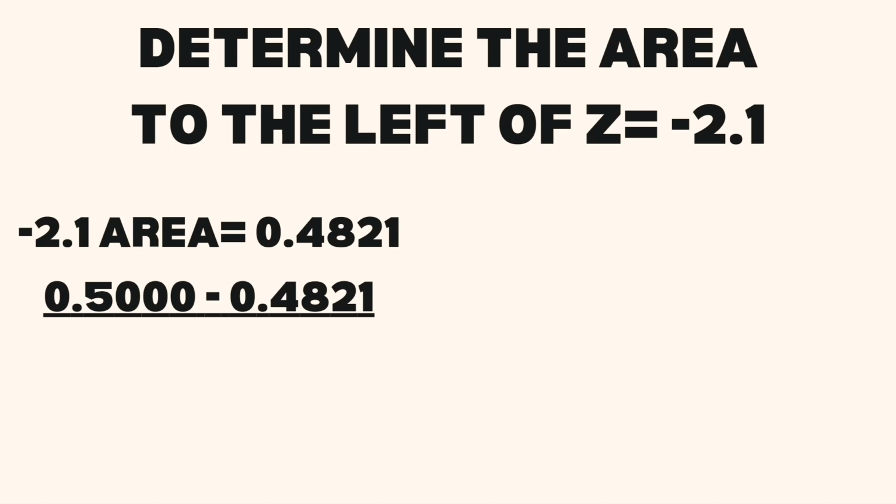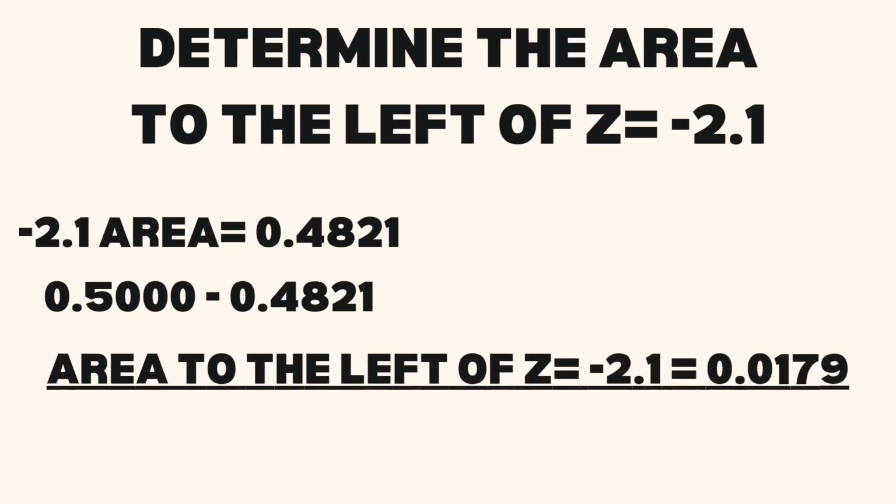So, in order to find that, we need to subtract the area, which is 0.4821, from 0.5000. So now as we subtract, the area to the left of z equals negative 2.1 will be 0.0179. Yay!